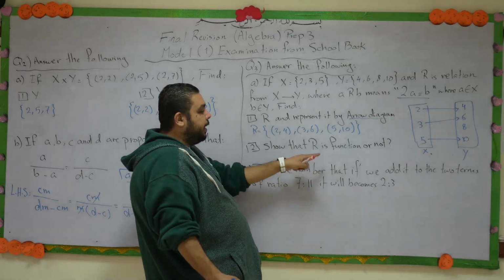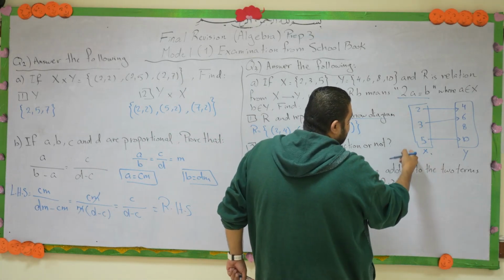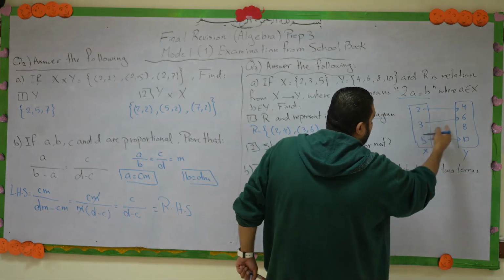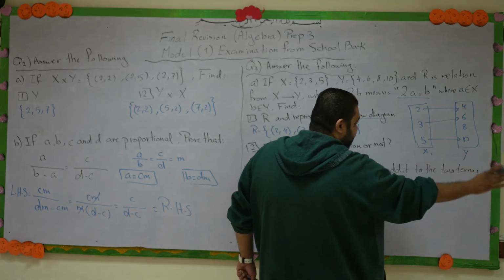Show whether R is a function or not. We know that if each element in X has one image in Y, this relation is a function. Otherwise, it's not a function.